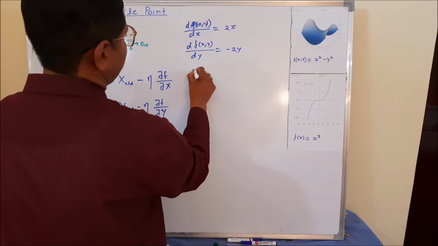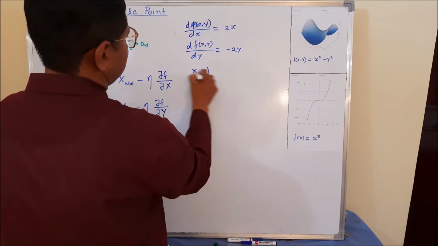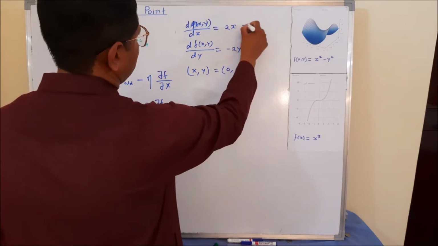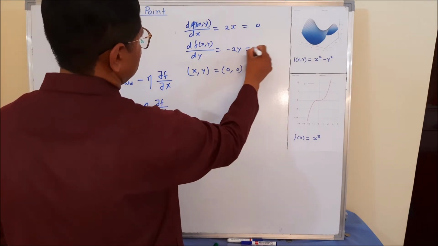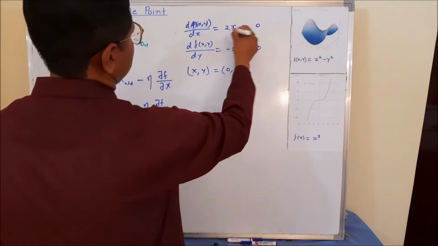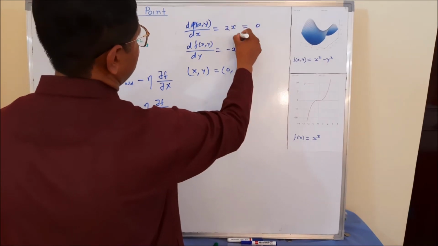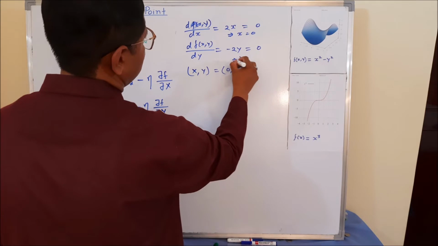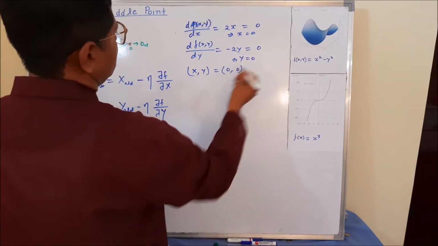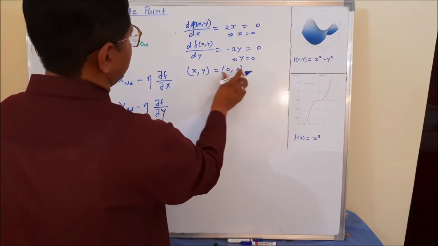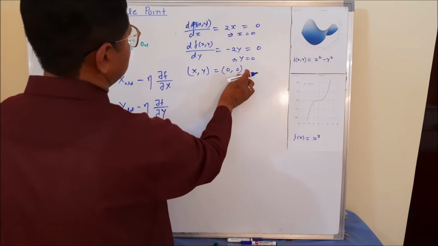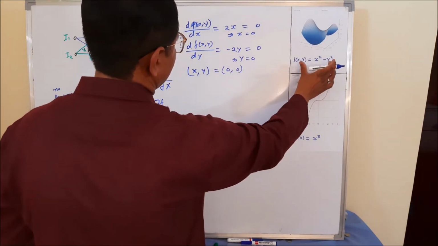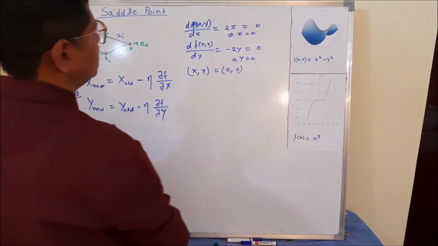When we evaluate these at 0, 0, we get 0 for both. So this means at x equal to 0 and y equal to 0, the derivative of this hyperbolic paraboloid is equal to 0.